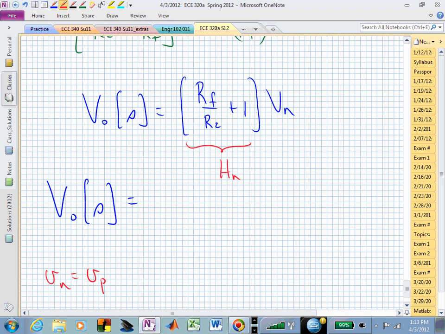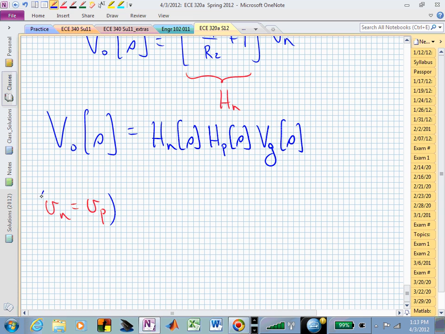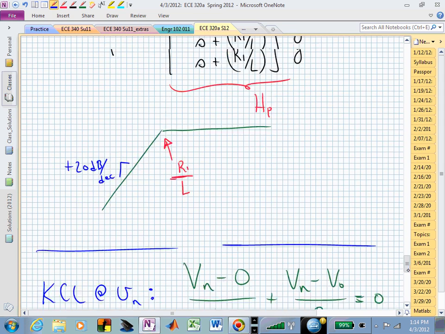That allows me now to say that this overall transfer function between V sub g and V sub 0 is H sub n times H sub p, which if I multiply all of those together, I end up with R sub f over R sub 2 plus 1 times s over s plus whatever H sub p was, R sub 1 over L.